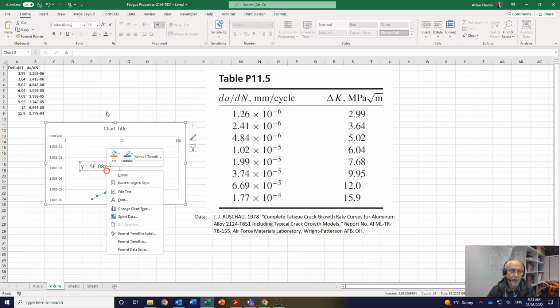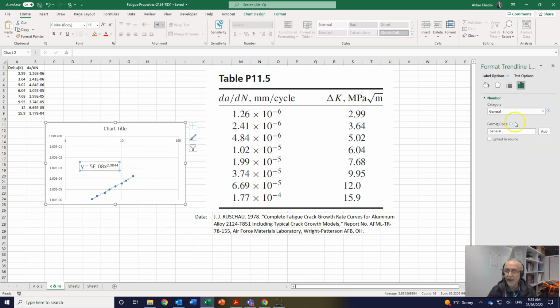Just to make sure this is a little bit more accurate, I can go here, format trend line label, and change the category to scientific, and make it 3 decimal points or 4 decimal points, whatever you would like. Okay, so now we have got the values here.